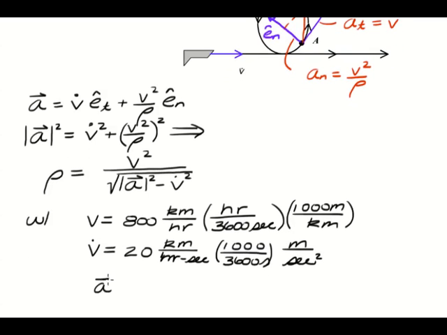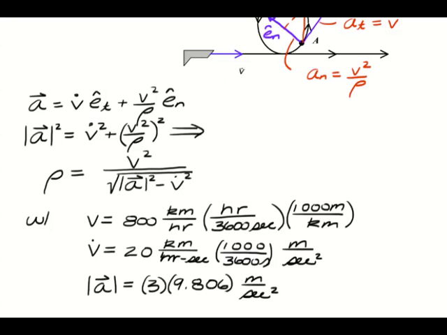The magnitude of A is given to us in yet another way, in terms of g's, 3 g's. So the 1 g we know in metric is 9.806. So if we multiply that by 3, we get the magnitude of A in terms of meters per second squared.